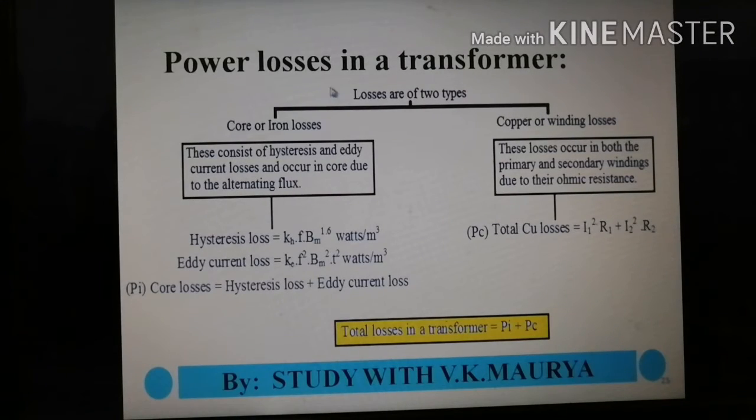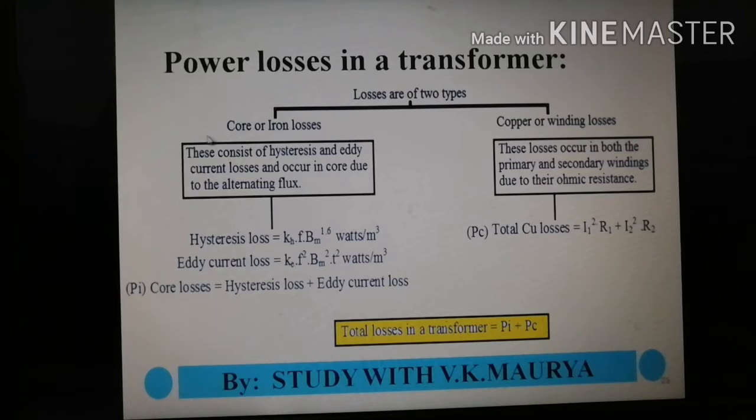Now the next one is power losses in a transformer. There are two different types of losses in a transformer. One is known as the core losses, also known as iron losses. The second one is copper losses, also known as winding losses.